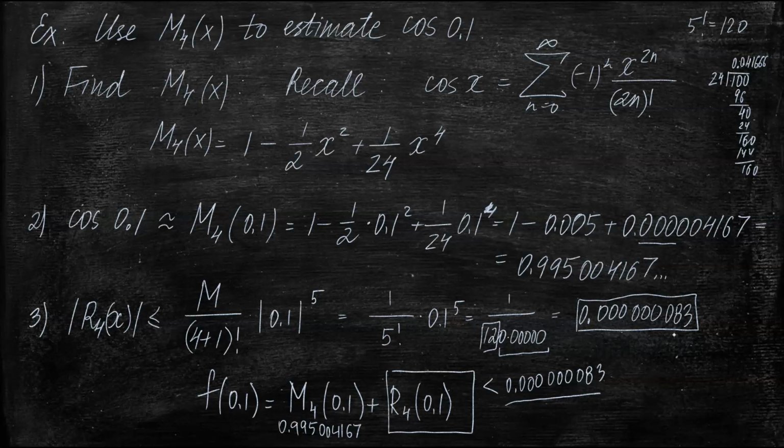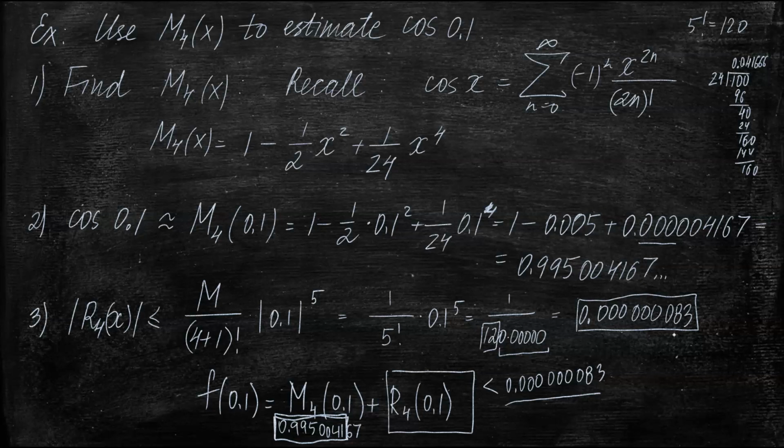So that means we got the first 7 digits, well, definitely the first 6 digits right in our computation. So us knowing this boundary for the remainder guarantees that in our computation these digits are correct. And we may be off on the 8th digit, but the first 6 or 7 digits are definitely right.